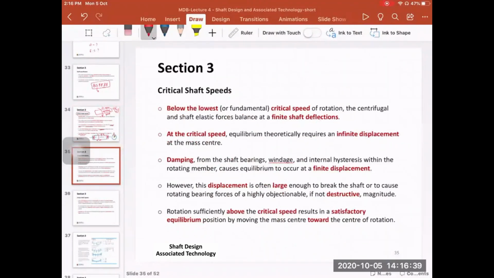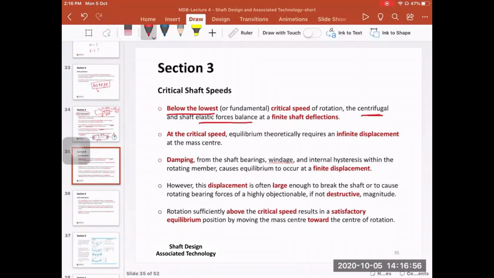Below the lowest, or fundamental, critical speed, there is a balance between the centrifugal force developed due to this eccentricity and the elastic forces of the shaft.